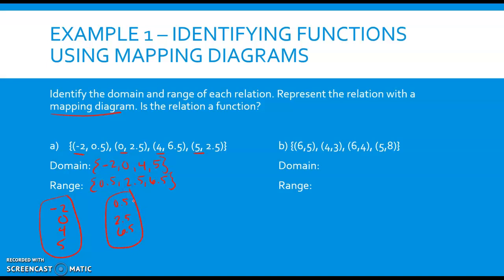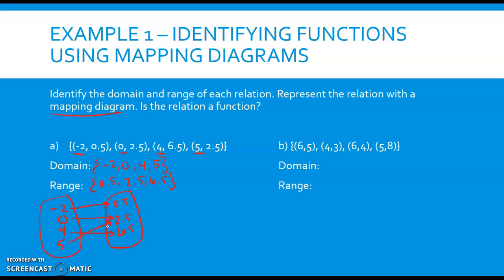And then mapping just means that we're taking our input and mapping it to its output. So this first point was -2, 0.5. So I'm going to draw an arrow from -2 to 0.5, from 0 to 2.5, from 4 to 6.5, and then from 5 to 2.5.